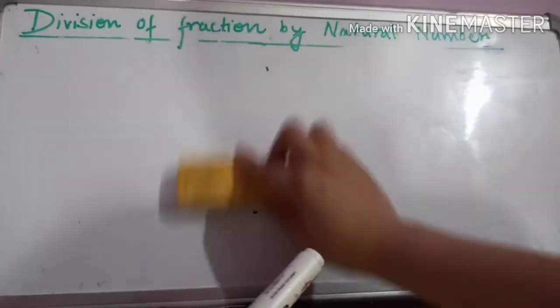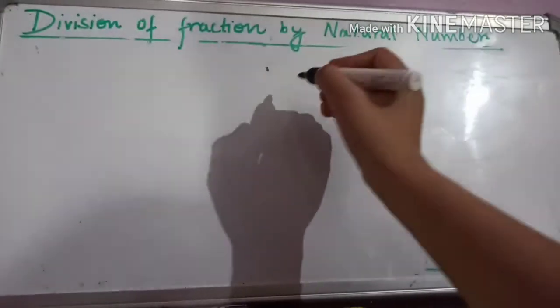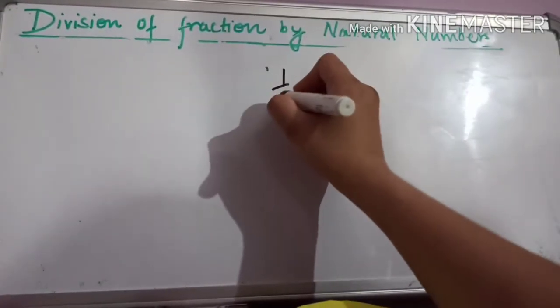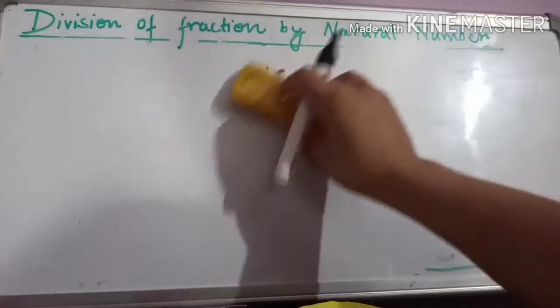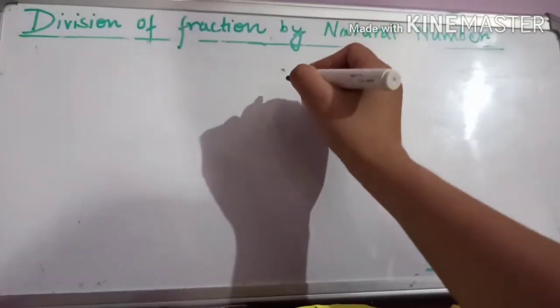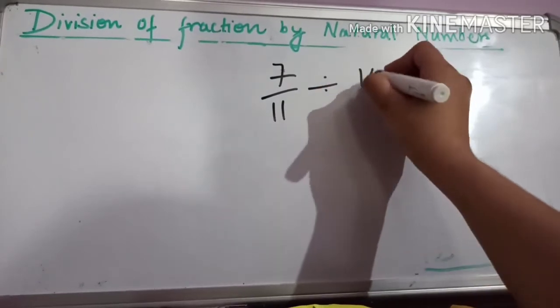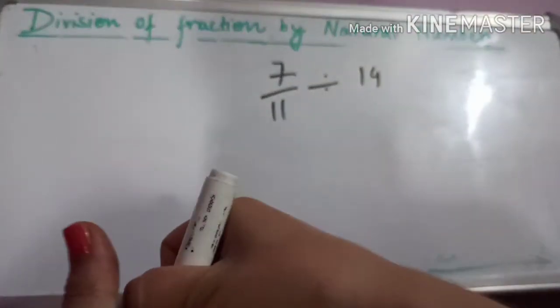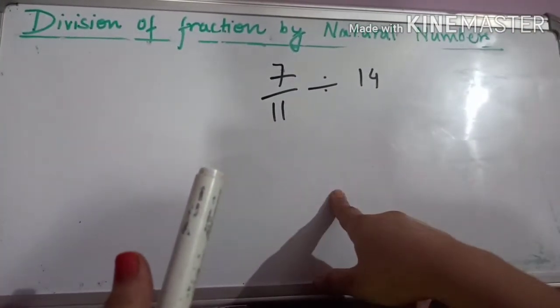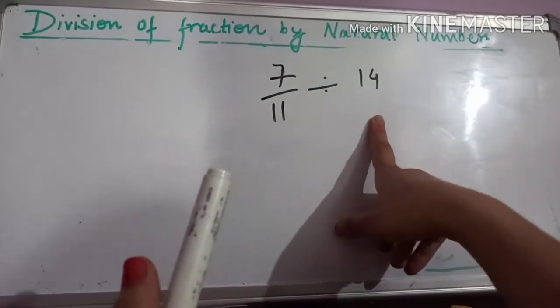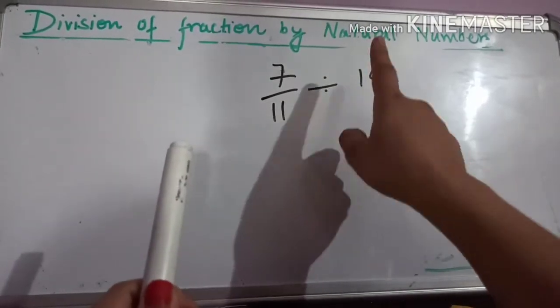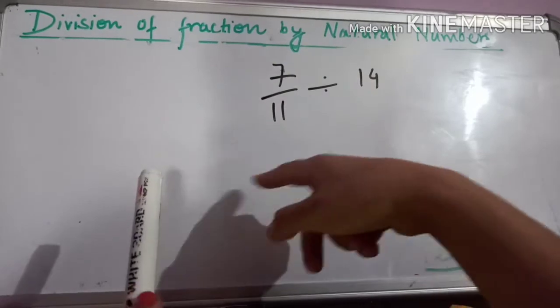Let's take another example. Simply we had to divide 1 by 2, we have done that. Now 7 by 11 divided by 14. This means we have to find the 1 by 14th part of 7 by 11.